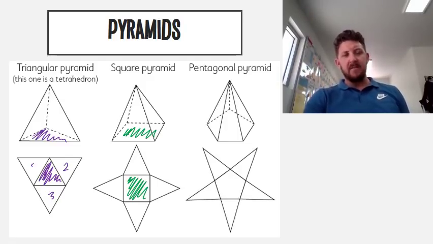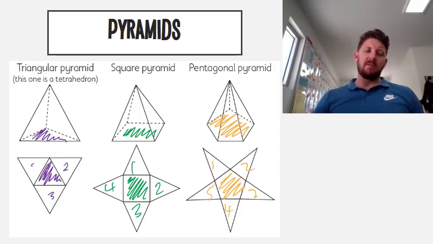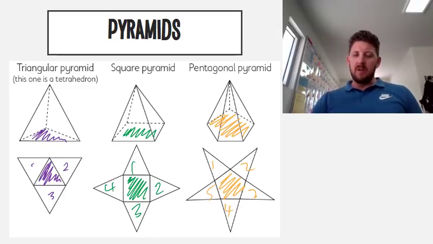Put my square down first and then put my triangles around it, which would be 1, 2, 3, 4. Same thing with my pentagon. Pentagonal base, put your pentagon down first, and then we have 1, 2, 3, 4, 5 triangles that come off that pentagon. Really like doing pyramids. Super easy when you do it that way.